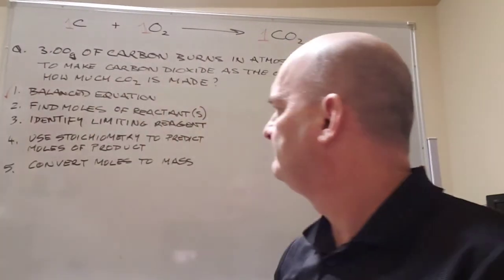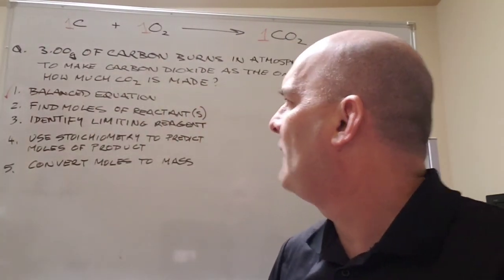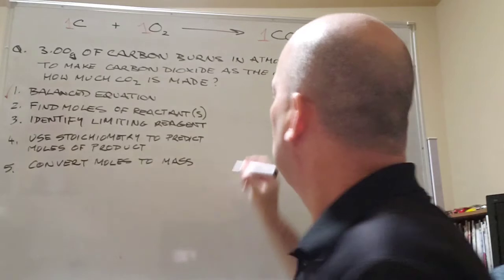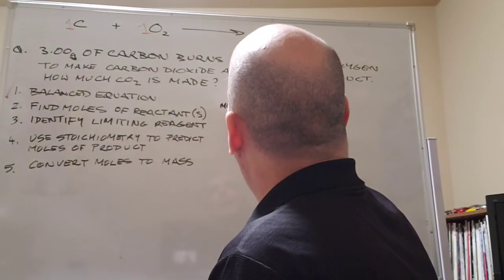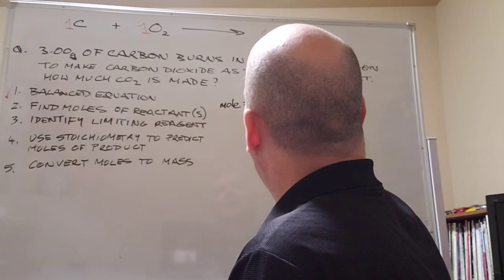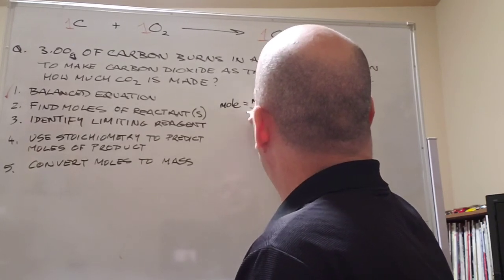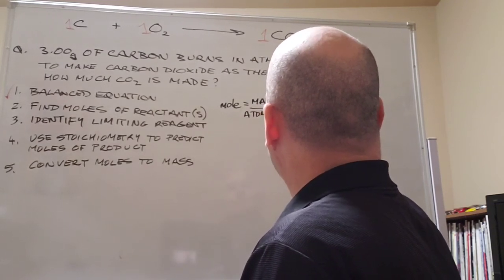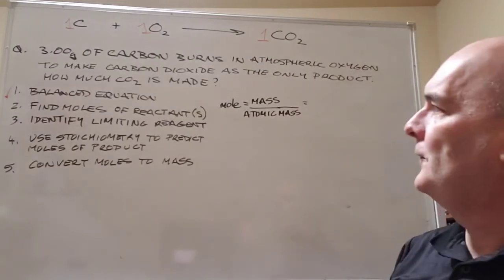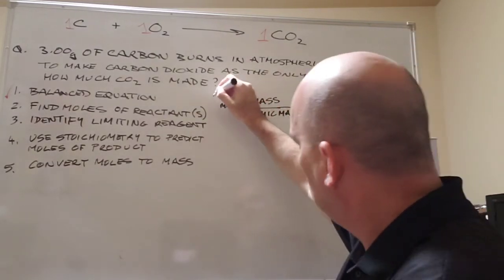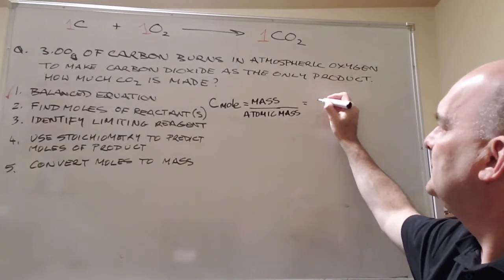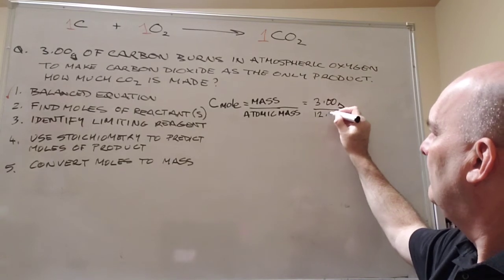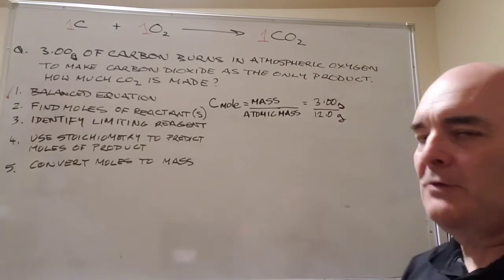So I have a balanced equation. Step 2, find the moles of reactants. Okay, I can do that. The number of moles is the mass divided by the atomic mass. So for carbon, the number of moles is 3 grams divided by 12 grams.